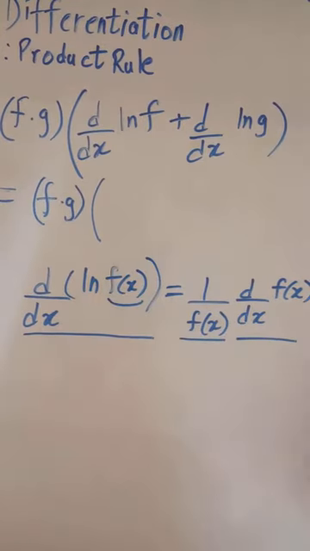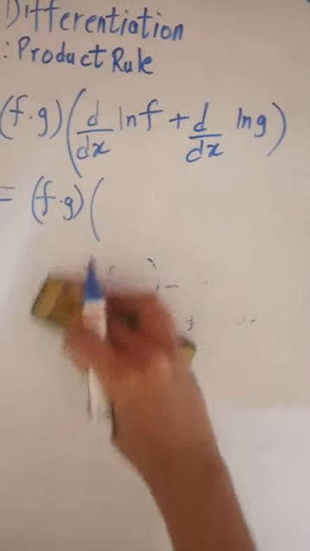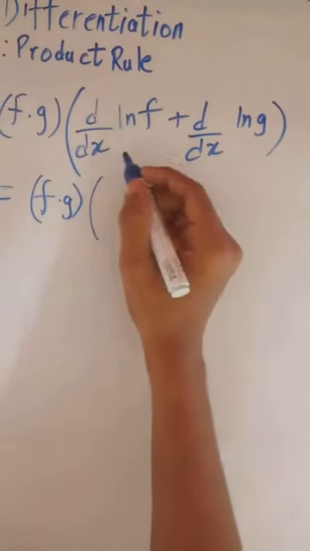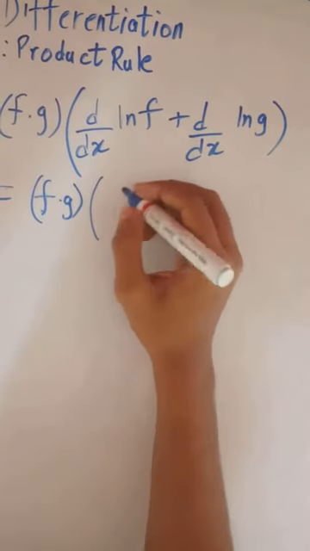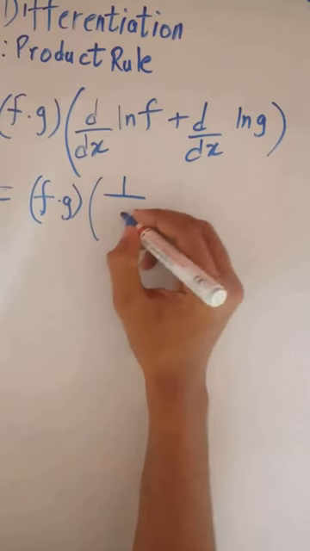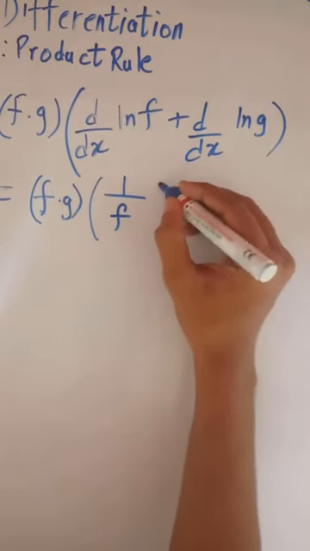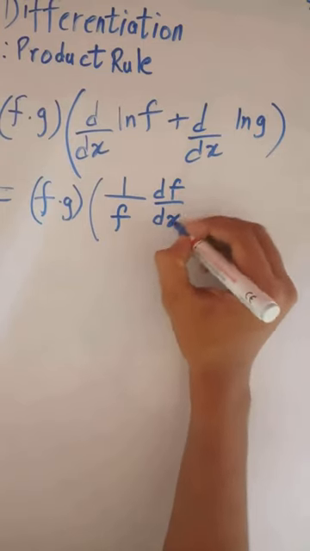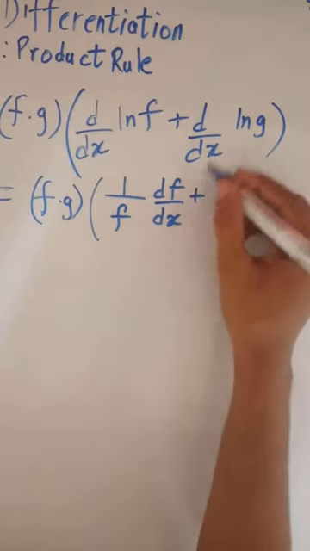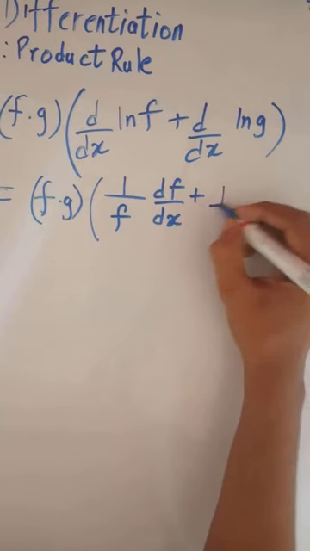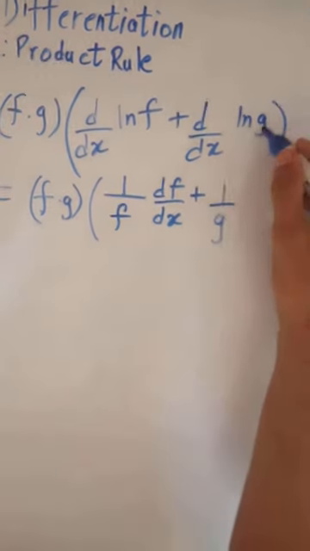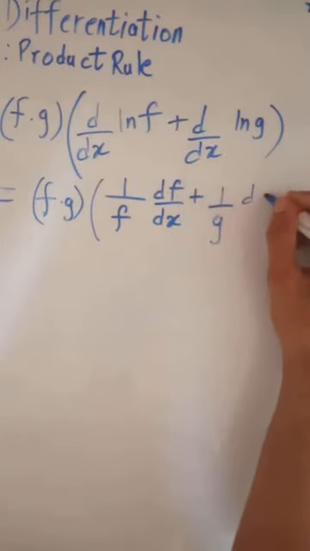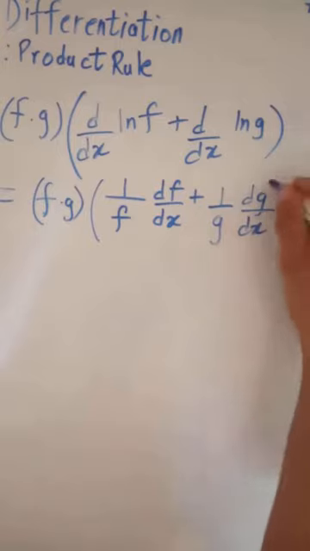So using this fact, I can rewrite the derivative of the natural log of f as 1 over f times the derivative of f, and the same thing applies to the second term. So I can rewrite it as 1 upon g, because here we have g instead of f, times the derivative of g with respect to x.